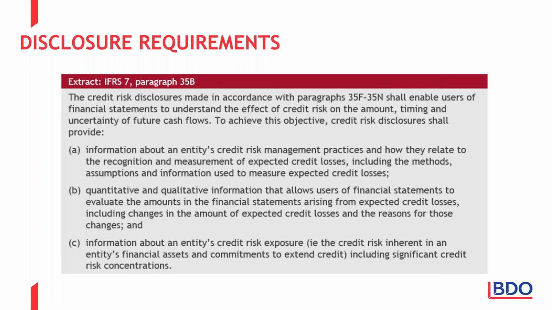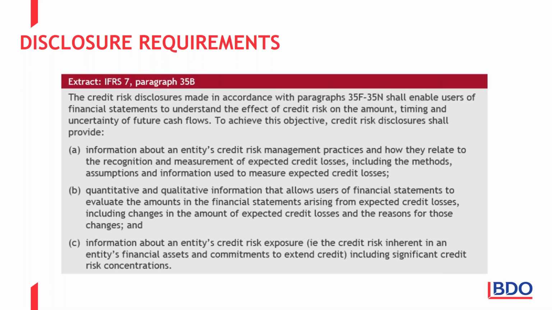And importantly, the first one is A, how has the entity managed that risk through its credit risk management practices? That's not a new disclosure, that's an old disclosure. That's things like we perform credit checks before we grant the credit and so forth. You're telling the user how does the entity manage that risk at the start. Those have always been required under IFRS 7.